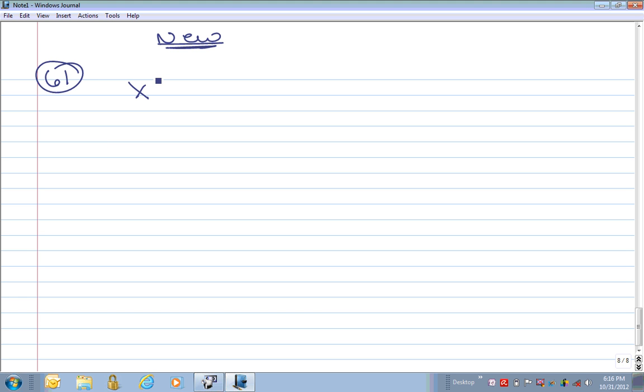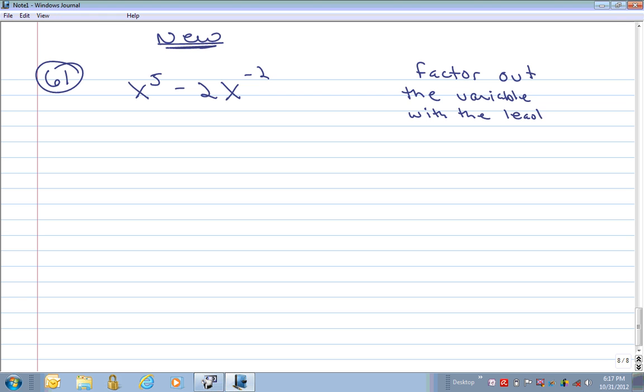So we have x to the 5th minus 2x to the negative 2. Okay, what you're going to do is you're going to factor out the variable with the least exponent, in other words, with the smallest exponent.